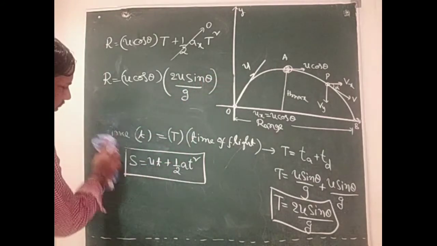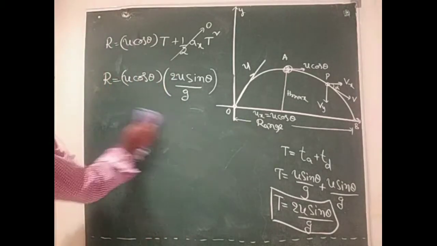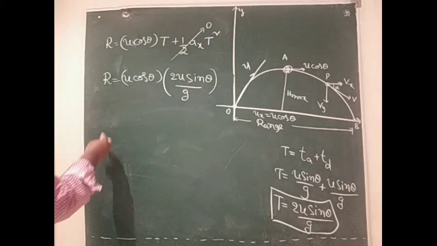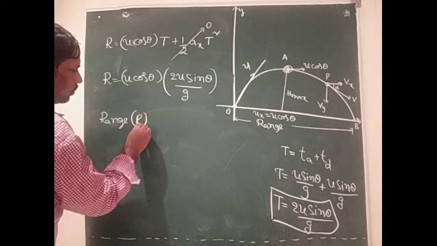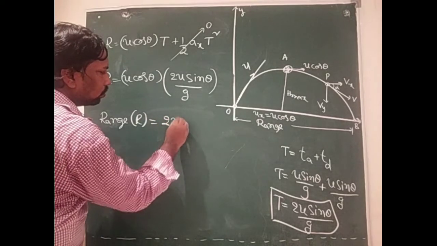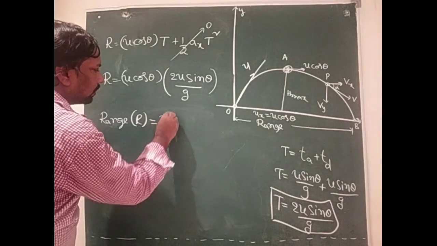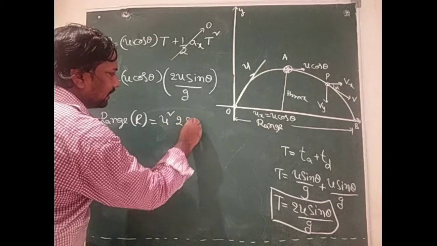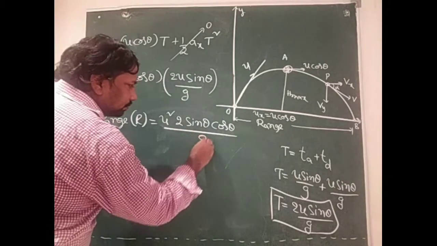Okay, so therefore range R equal to u into u, that means u square, 2 sin theta cos theta by g.